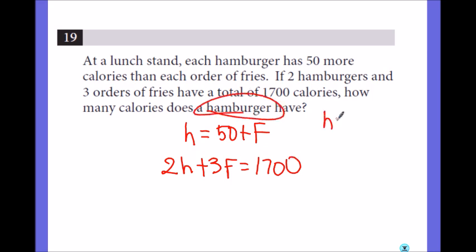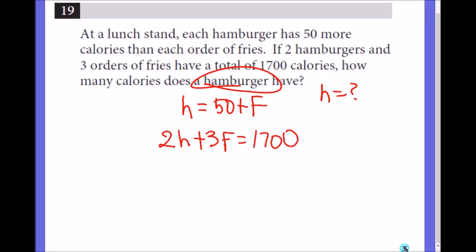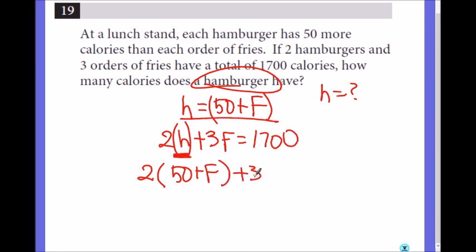So I'm looking for H. For this, you will substitute for H because H is given. So let's substitute in H. So 2 times H, which is 50 plus F. H is 50 plus F. 50 plus F plus 3F equals 1,700.